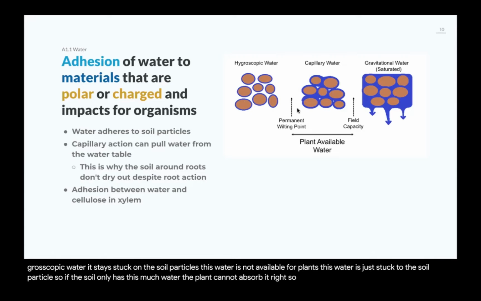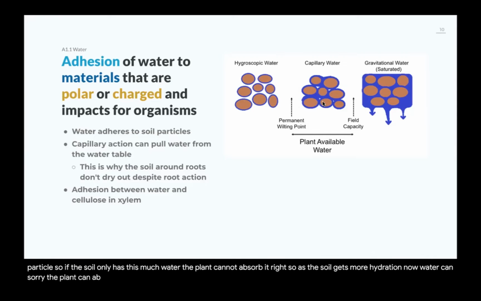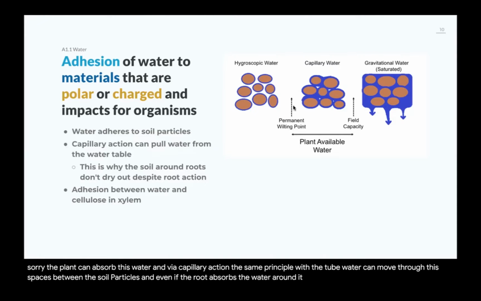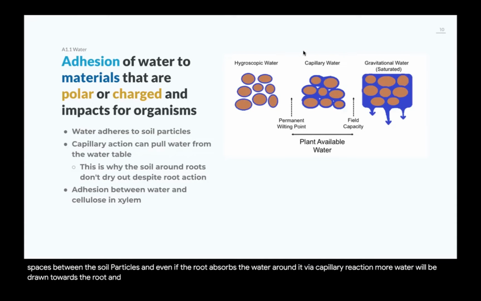So as the soil gets more hydration, now the plant can absorb this water, and via capillary action, the same principle as with the tube, water can move through these spaces between the soil particles. Even if the root absorbs the water around it, via capillary action more water will be drawn towards the root, and the plant can absorb more water, even if it absorbs all the water around it.